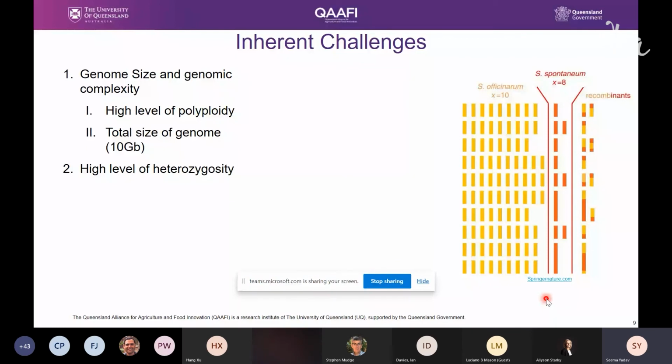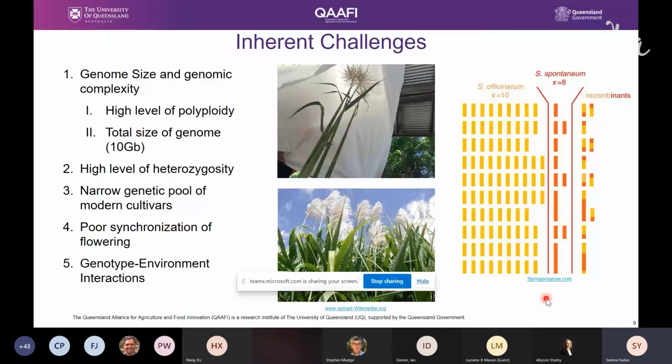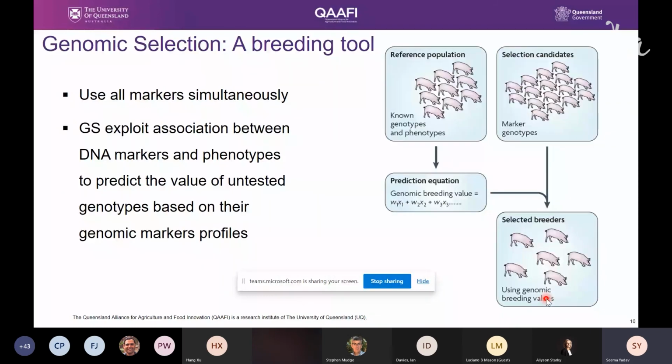Due to being an outcrossing species, there is a high level of heterozygosity in the clones. The effective population size is very small in modern cultivars. We also face practical challenges like poor synchronization of flowering and genotype by environment interaction. All these challenges make sugarcane breeding difficult and limit genetic gain in sugarcane.